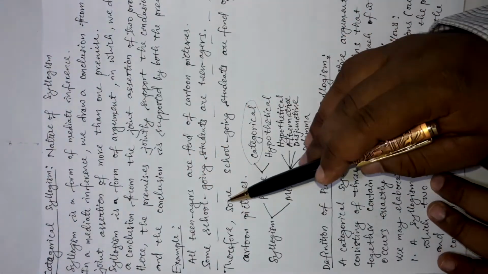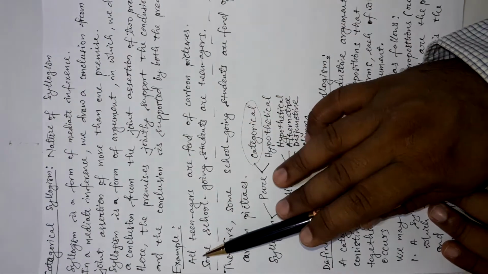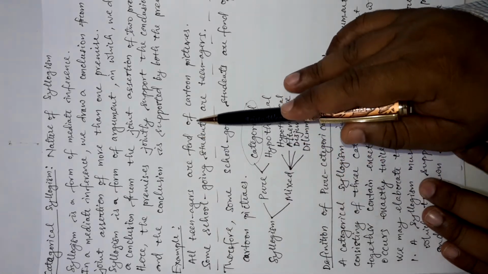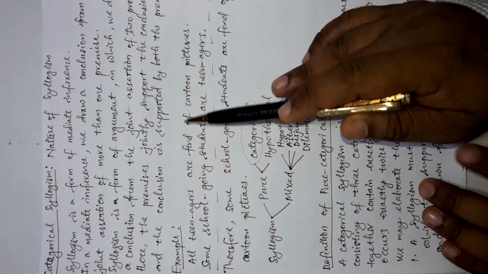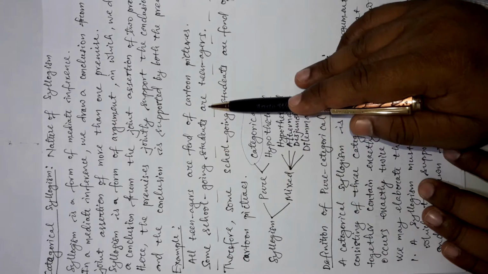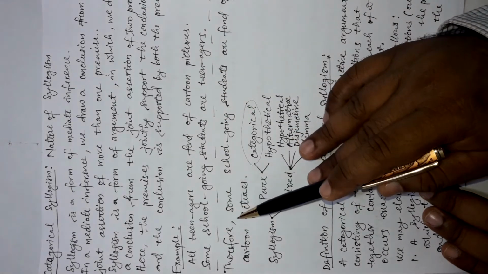Now, let us discuss a simple example to make it clear. All teenagers are fond of cartoon pictures. This is the first premise. The second premise is: some school going students are teenagers. And what is the conclusion obtained from it?